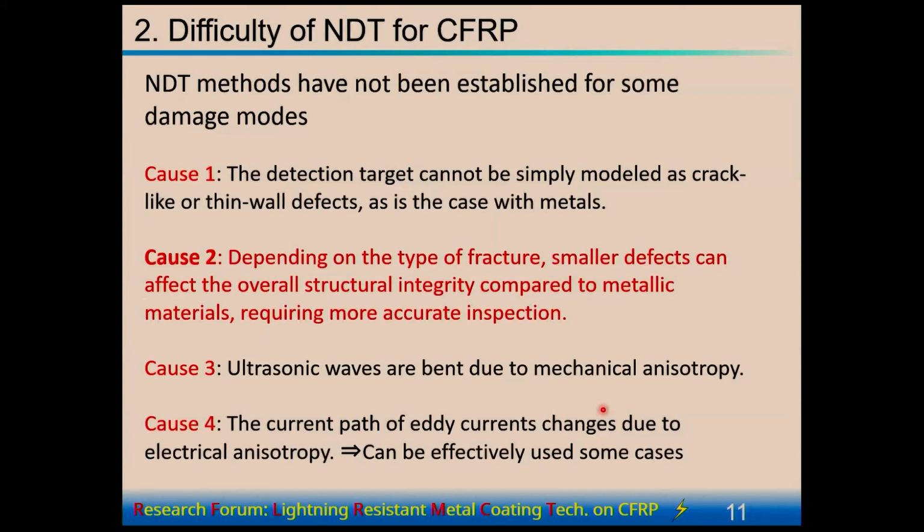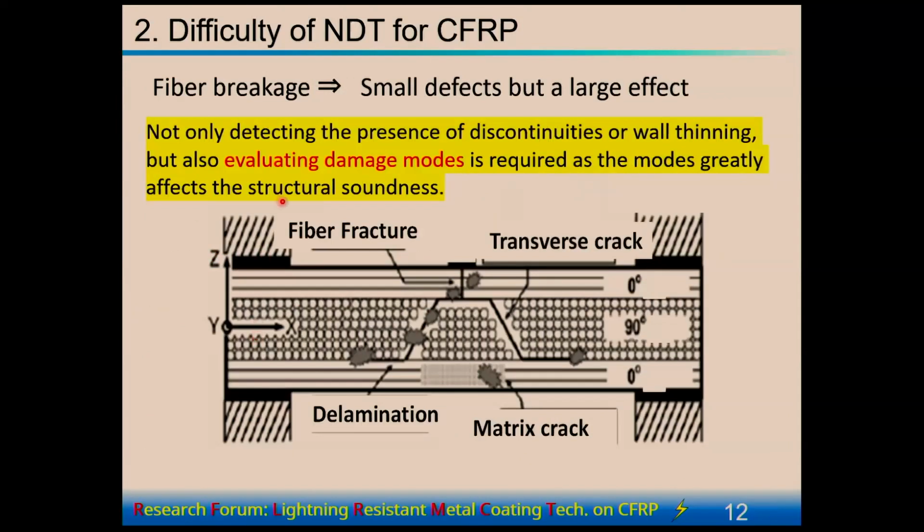The second reason is that, depending on the type of fracture, smaller defects can affect the overall structural integrity compared to metallic materials, requiring more accurate inspections. For example, fiber breakage is a very small defect but has a large effect on the structure. So we need to detect fiber breakages by NDT in some cases.